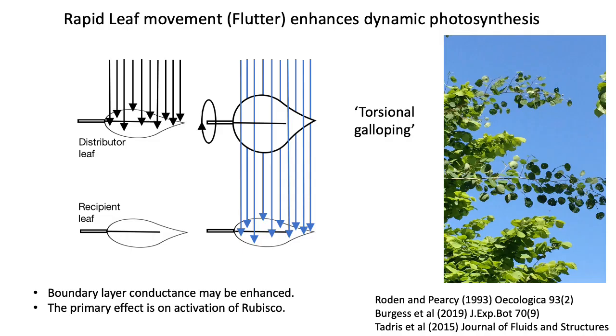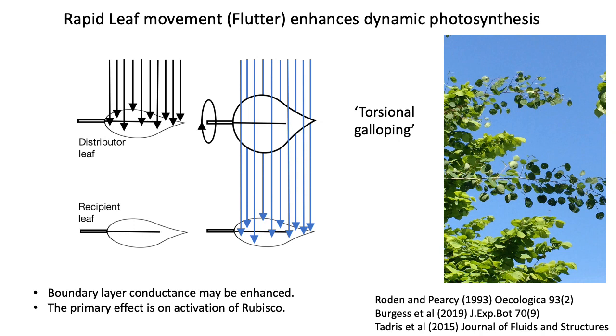There is a precedent from the ecological literature. So an example is from the work of Piercy from the 1990s, who looked at the movement of leaves in trees such as aspen. And in these trees, they observed rapid leaf movement or twisting around the petiole.